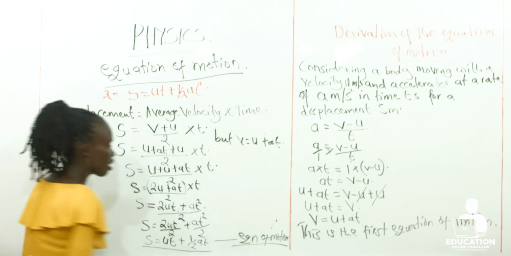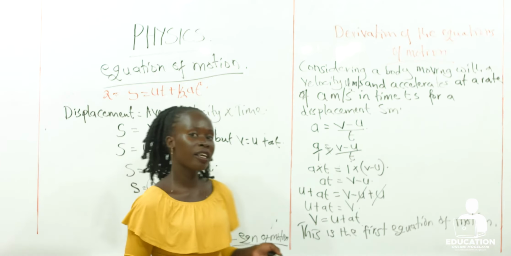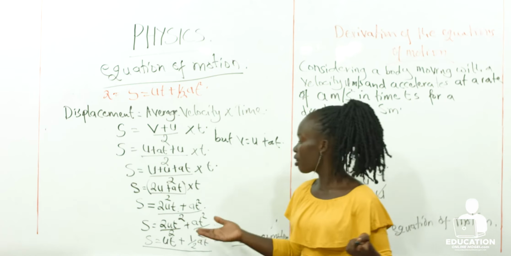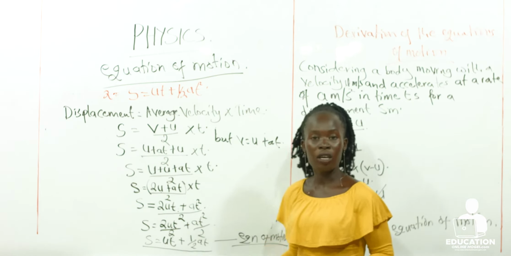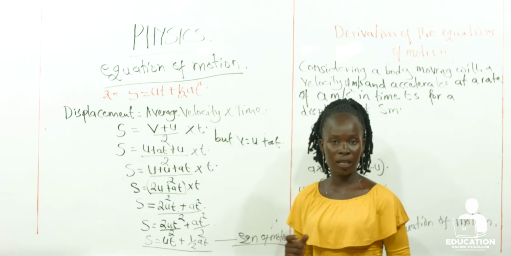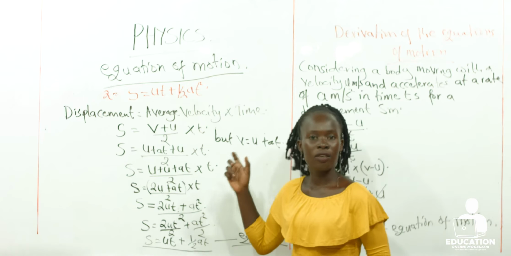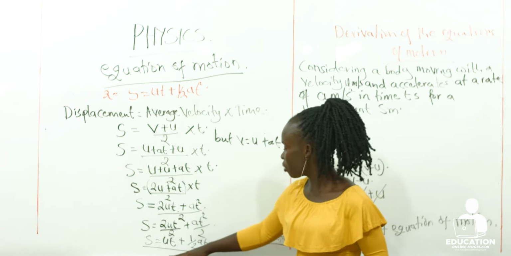So the thing here with the second equation of motion is that you try to find out which element, or what is that thing that we don't need in our equation. If you get to know the thing we don't need in the final equation, you start eliminating it. When you eliminate it, you'll see that you'll come easily to your answer.